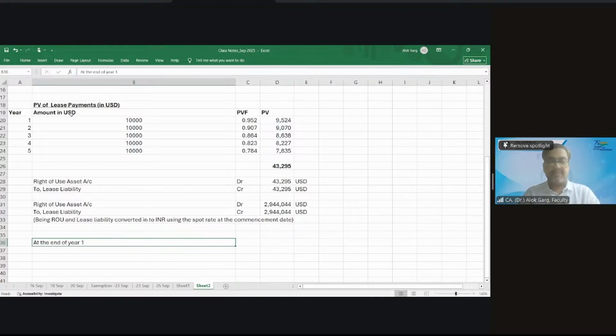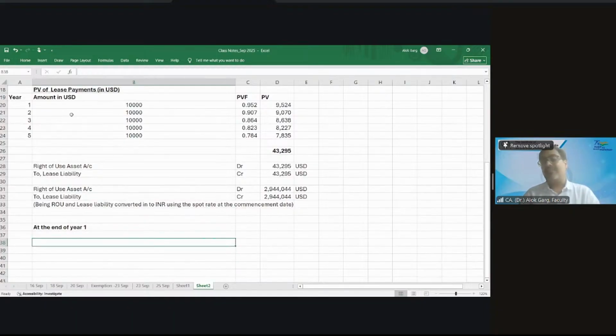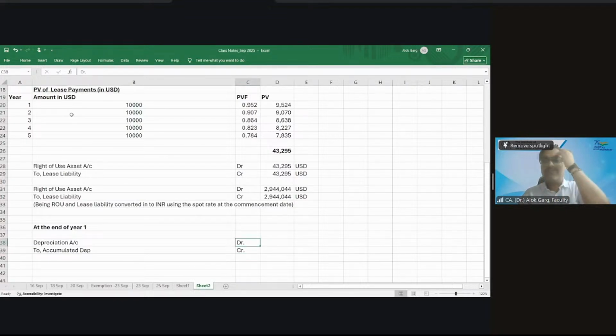Depreciation first. You need to depreciate. What is the accounting entry? Depreciation to accumulated depreciation.